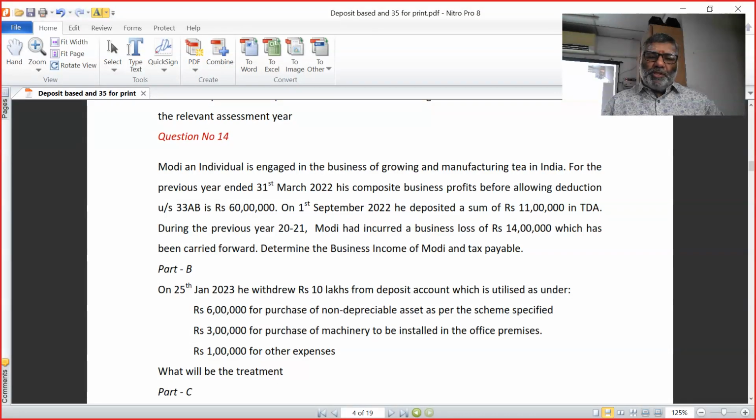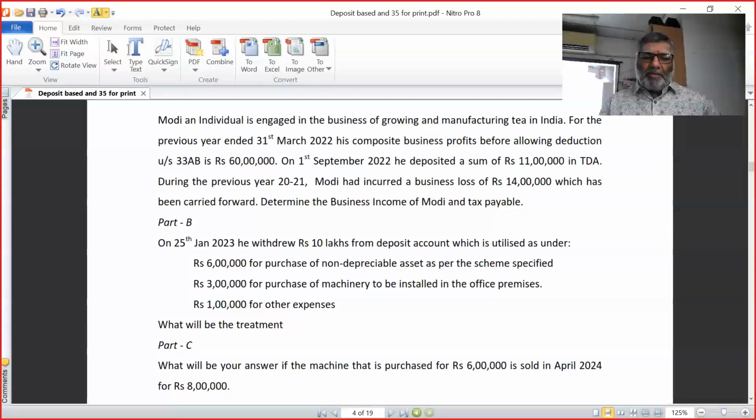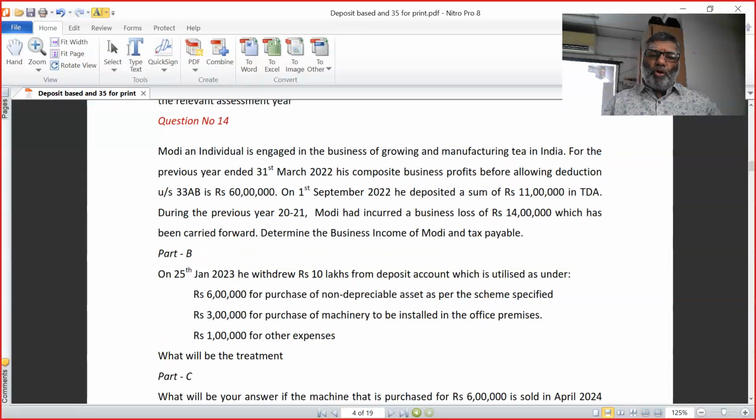On 25th January 2023, he withdraws 10 lakhs from the deposit account, which is utilized as under. What will be the treatment? Part C. What will be your answer if the machine that is purchased for 6 lakhs is sold in April 24 for 8 lakhs? Let's understand. Let's answer part-wise. Part A is the current year question. Part B and part C are subsequent years, the events happening after that. Read through.